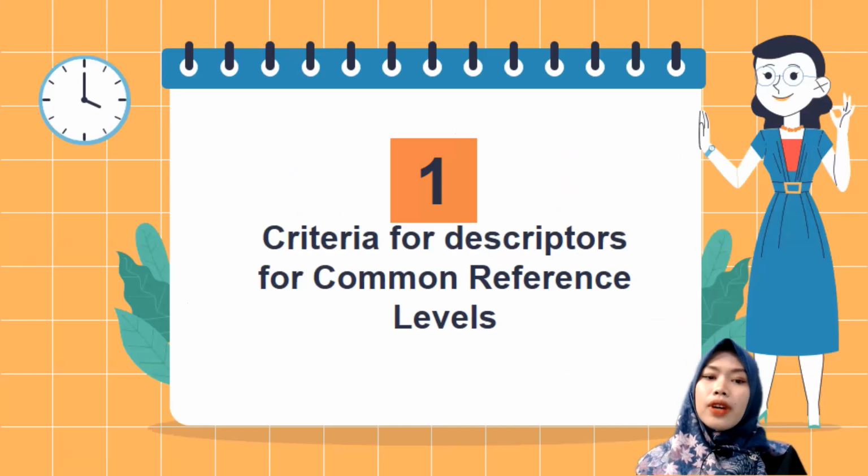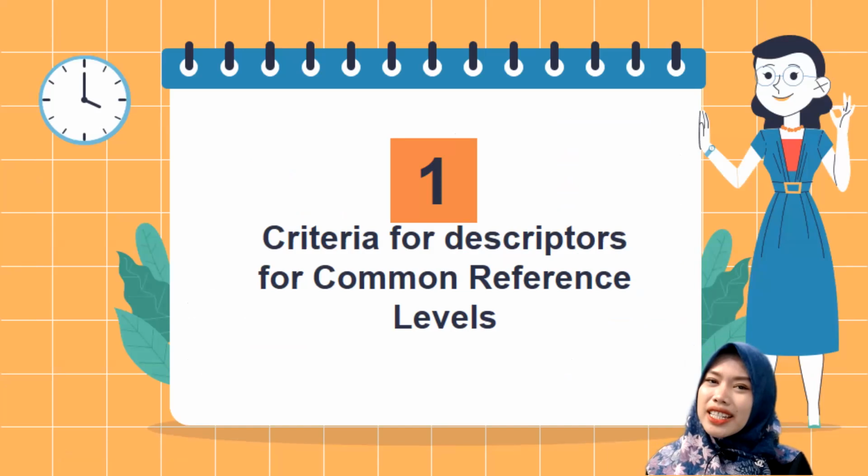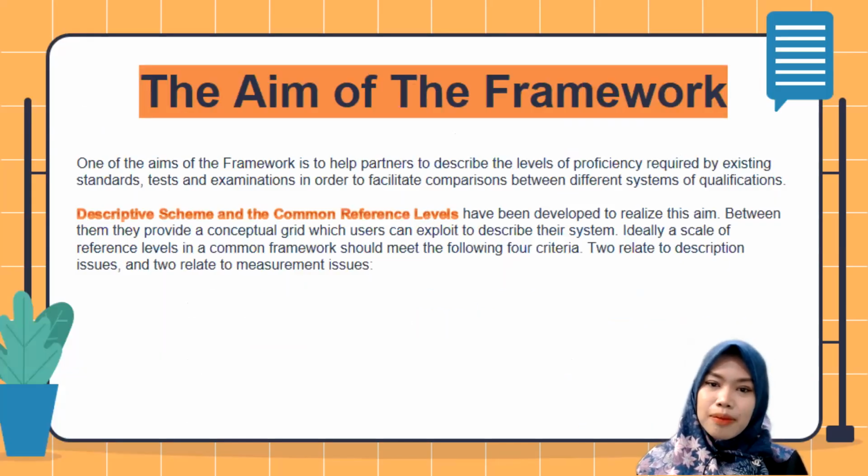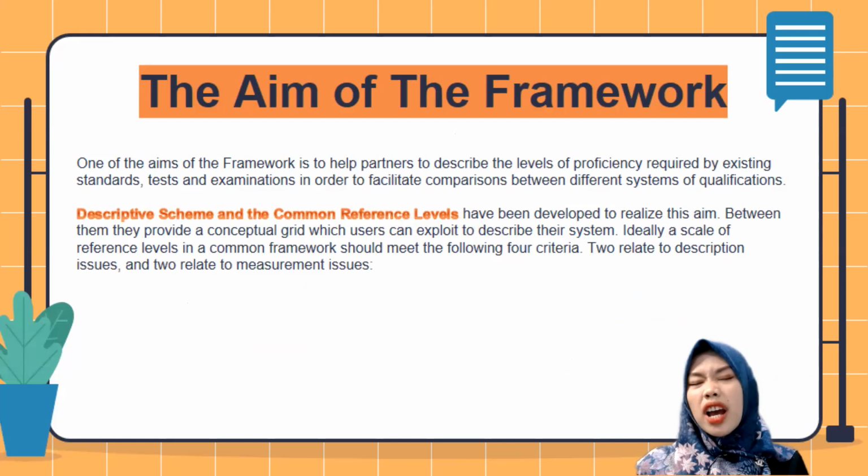Okay, subchapter 1, criteria for descriptors for common reference levels. All right, the aim of the framework first. One of the aims of the framework is to help partners to describe the levels of proficiency required by existing standards.